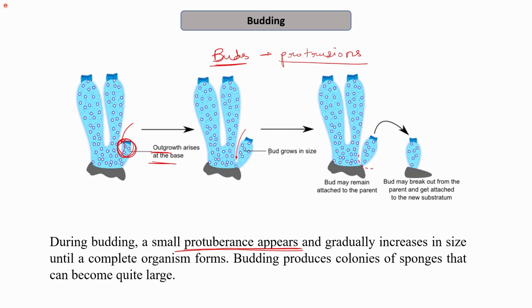Then this outgrowth increases in size. The bud grows gradually until it forms a complete organism. When a complete organism is formed, the bud may either remain attached to the parent, or it may break out from the parent and get attached to a new substratum, since they are sedentary, always attached to some substratum.